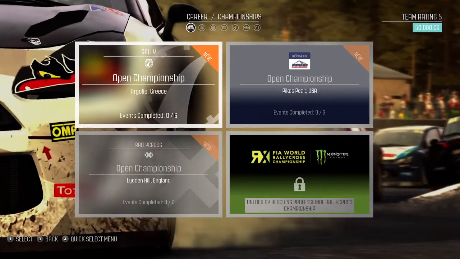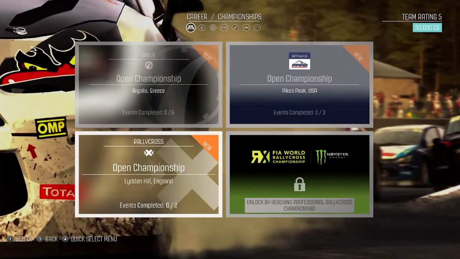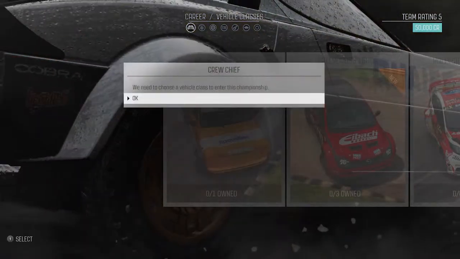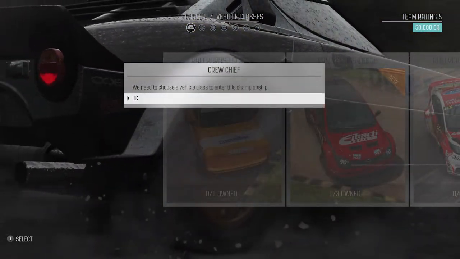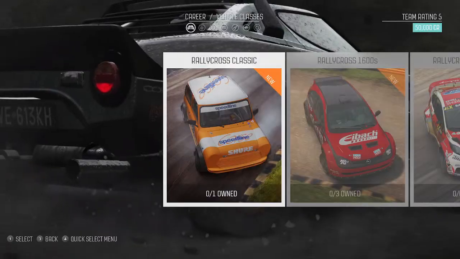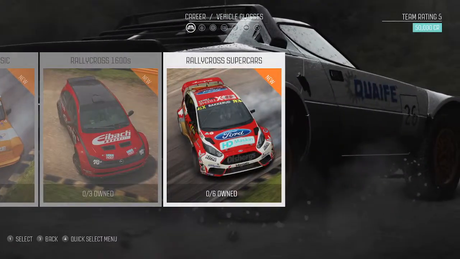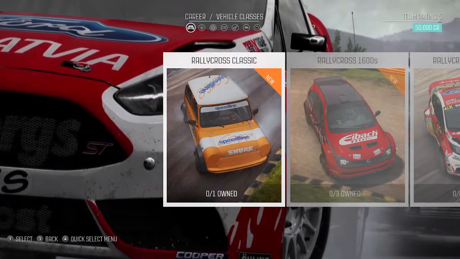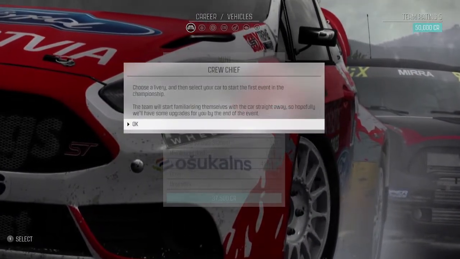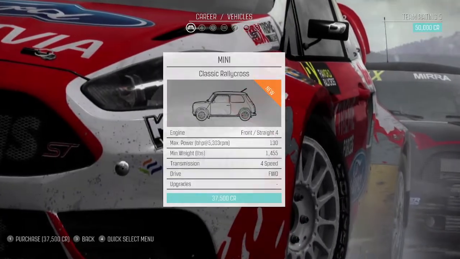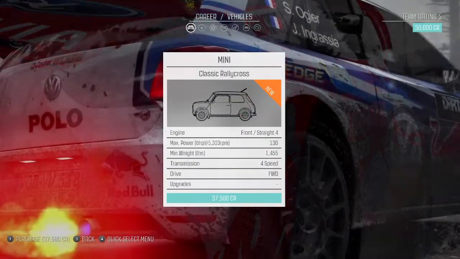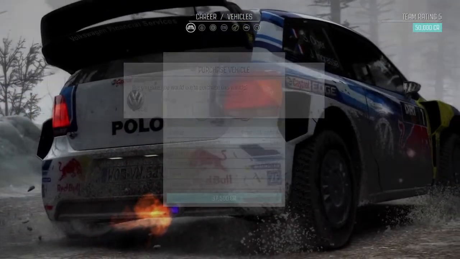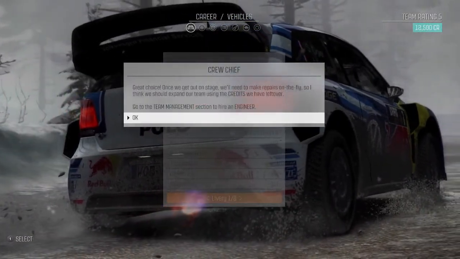Alright, this one only has 2 events, so this will be a little bit quicker. Select your car. Okay, that'll be a starter.